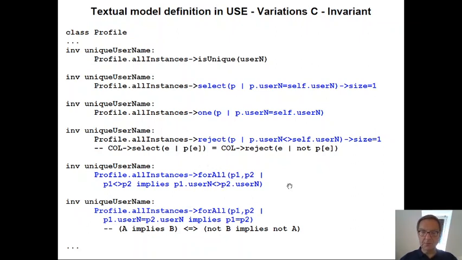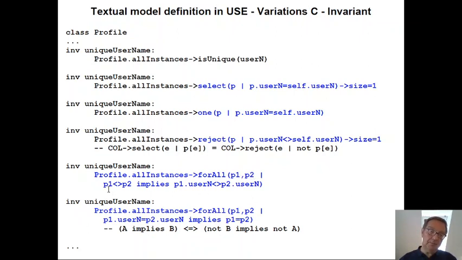That is, so to speak, a universal quantification over all profile objects. And the universal quantification with a for all allows us to use, for example, two variables. You can also use only one variable here at this position. I have used two variables. I'm considering two profile objects, P1 and P2.